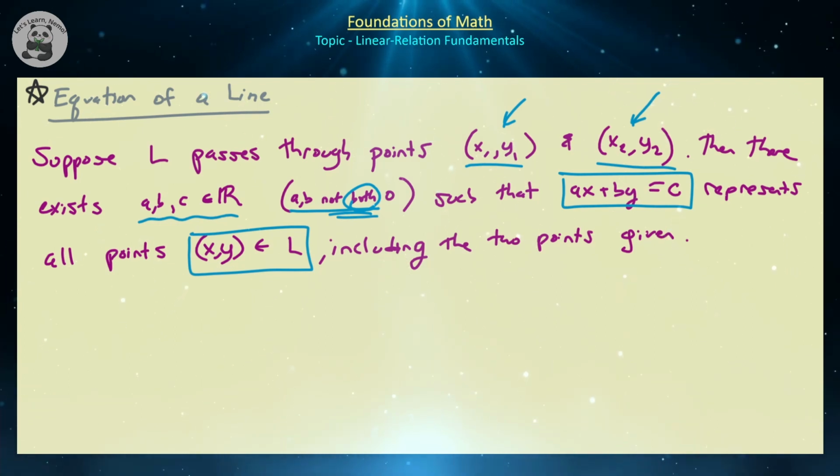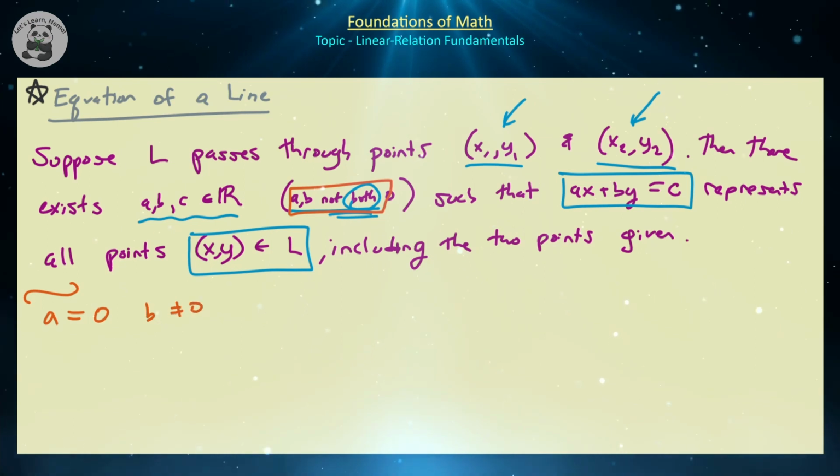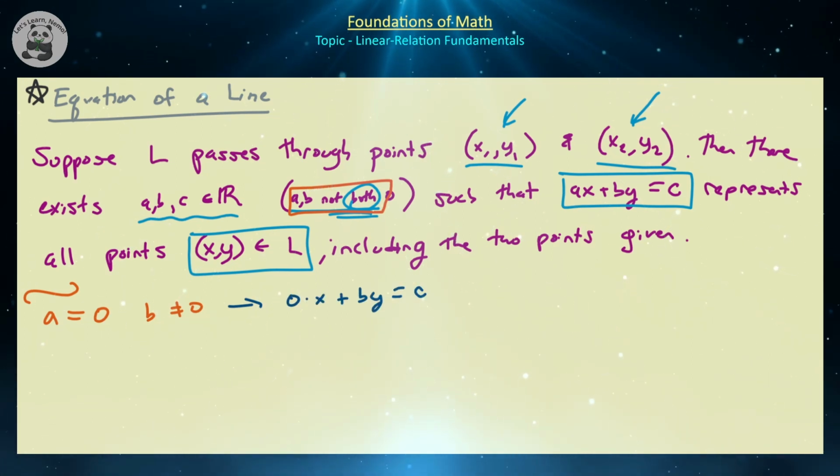Now, let's look at a couple special cases of this linear relation ax plus by equals c. Keep in mind a and b both cannot be equal to 0, but individual values a or b could be 0. So let's assume that a, for example, is equal to 0 with b not being equal to 0. So we have 0 times x plus b times y is equal to c. 0 times x is going to be equal to 0 regardless of what x is.